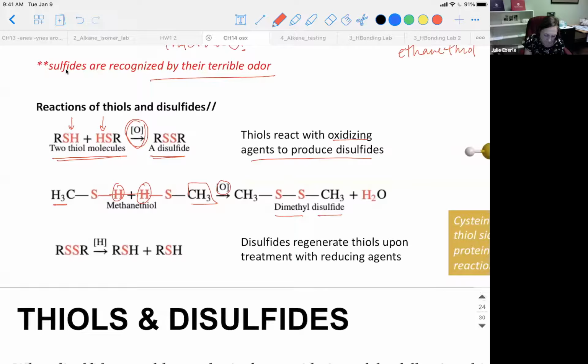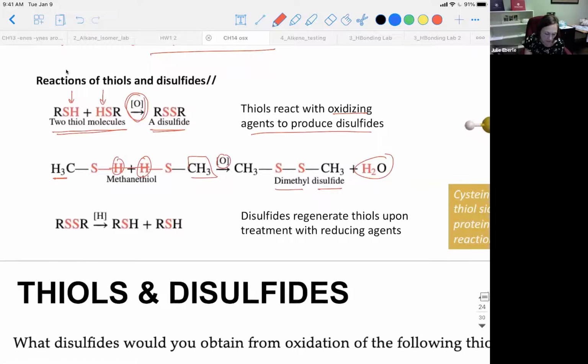Don't worry about the fact that you also produce water. I would not ask you what all the products are. On the flip side, if you can use an oxidizing agent and make a disulfide, you can also take a disulfide, use a reducing agent, and break it back apart into 2 thiol molecules.